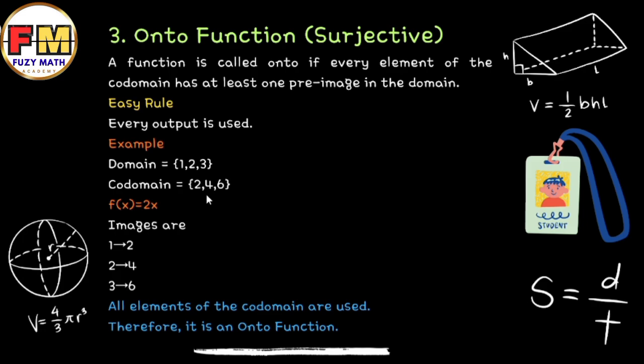Codomain {2, 4, 6}. f(x) is equal to 2x. Images are 1 goes to 2, 2 goes to 4, 3 goes to 6. All elements of the codomain are used. Therefore, it is an onto function.